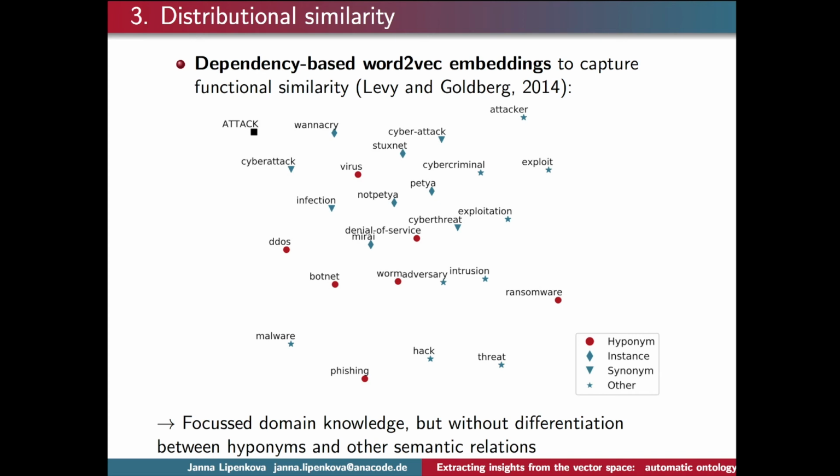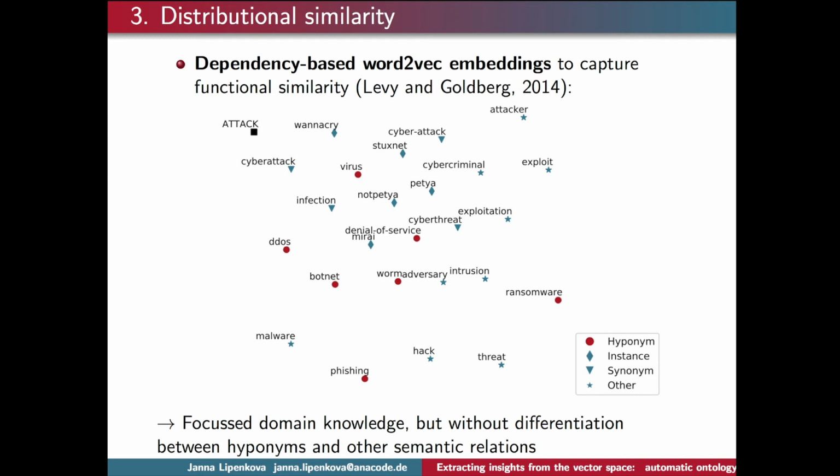So let's look at this chart. This chart basically shows the nearest neighbors for attack. And you can see, attack is in the top left corner. And you can see that it does capture a lot of hyponyms, signaled by the red marks.